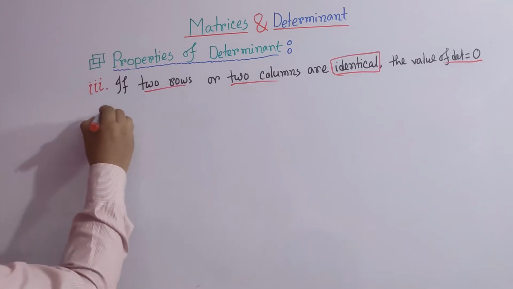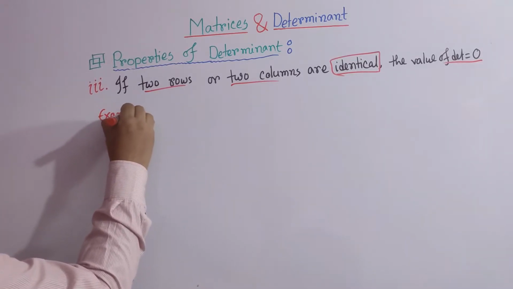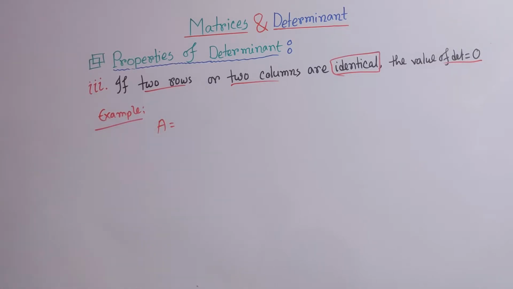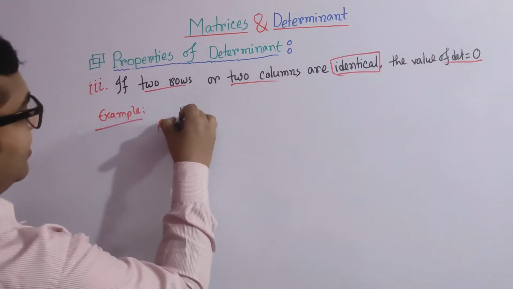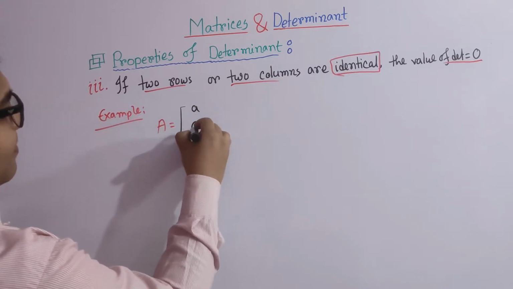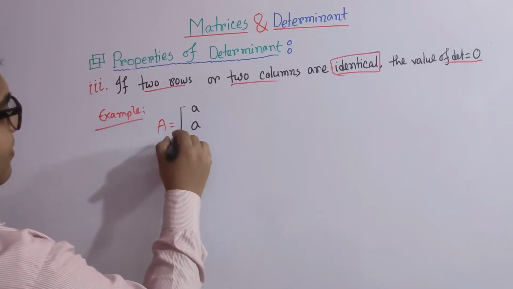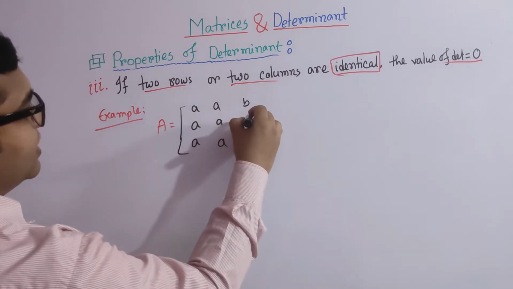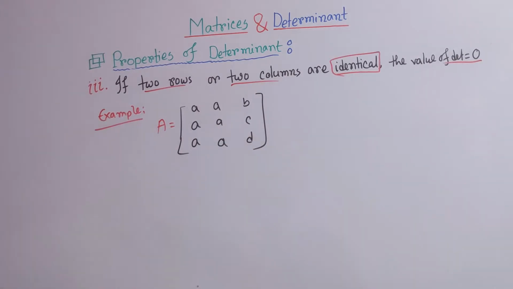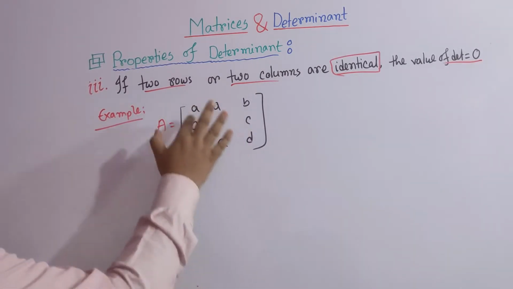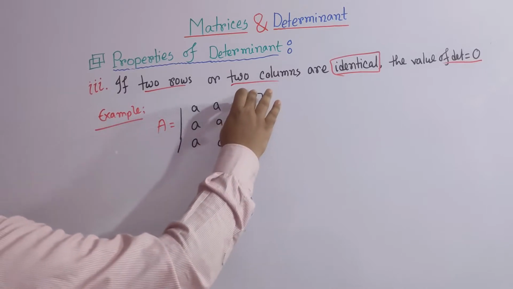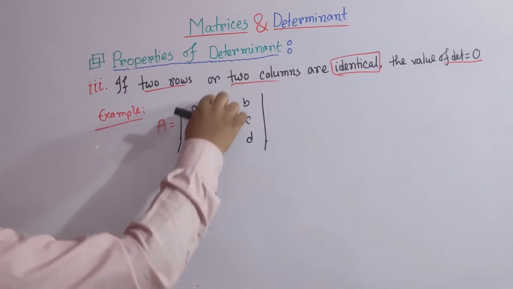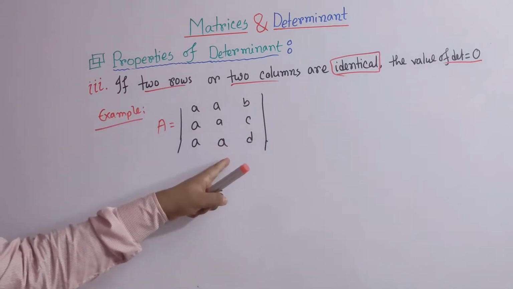Say for example, suppose a matrix A which looks like our this A, then A, suppose B, C, D. So here we can see that in this matrix, or we can go for the determinant directly, here in this determinant our two columns are same.